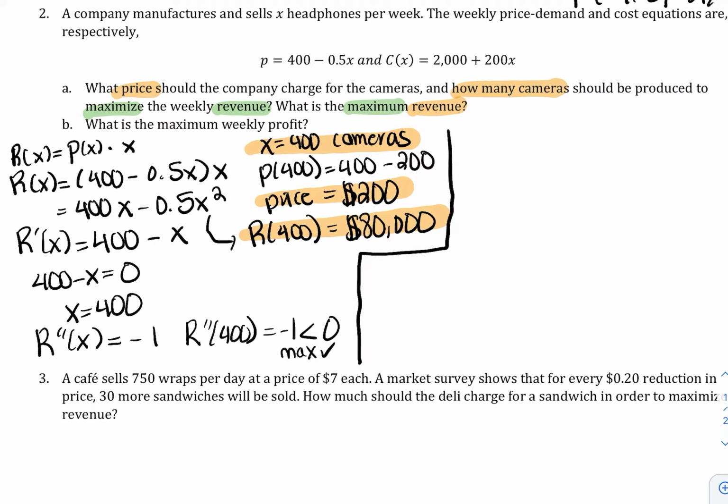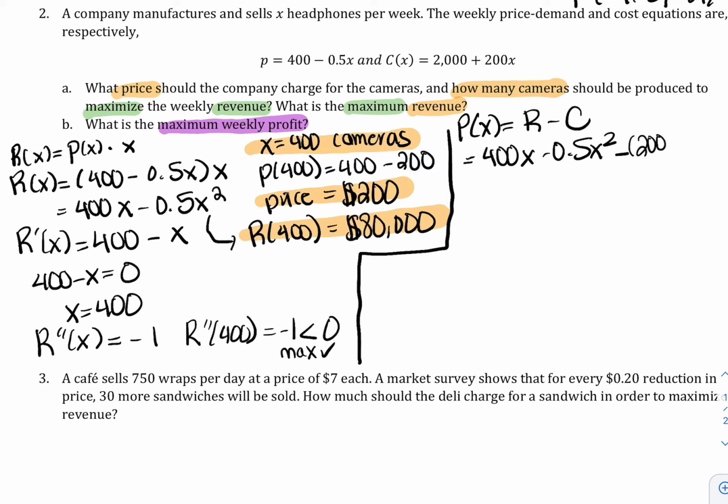It's asking me what is the maximum weekly profit. So I'm changing now what they're asking me for: profit. So I need to find the derivative of the profit function. It doesn't give me profit, but I know that profit is revenue minus cost. So that's going to give me my revenue function, 400x minus 0.5x squared, minus my cost function.